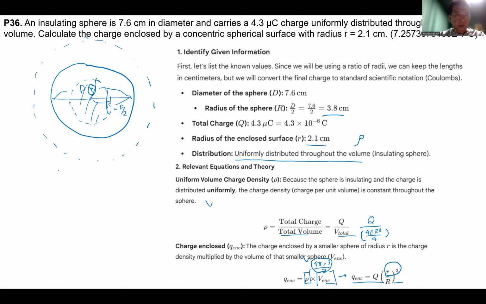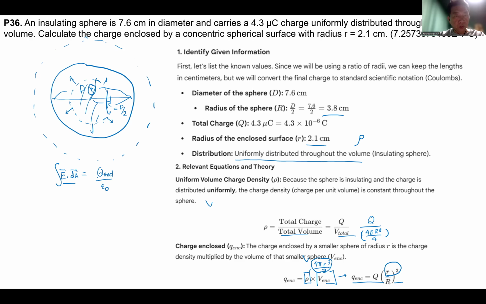So if you apply Gauss's law, and then we note that here E is going to be uniform because of the uniform charge distribution.